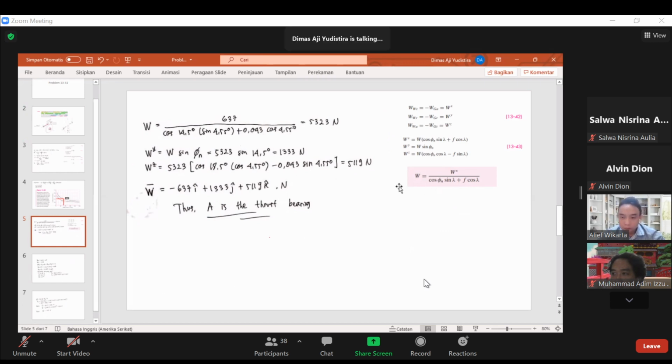The WX is 637, and the pressure angle is 40.5 degree, and lead angle is 4.55 degrees, and coefficient of friction and lead angle, and the force is 5,323 Newton.